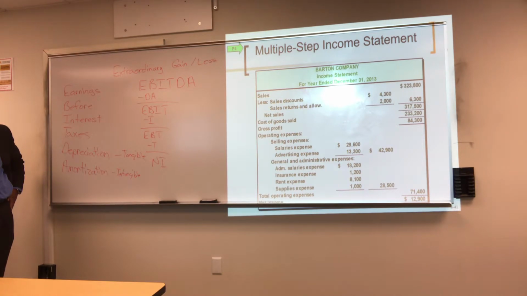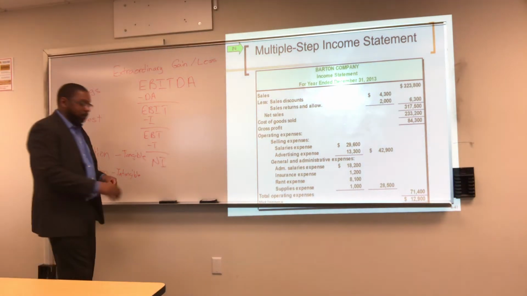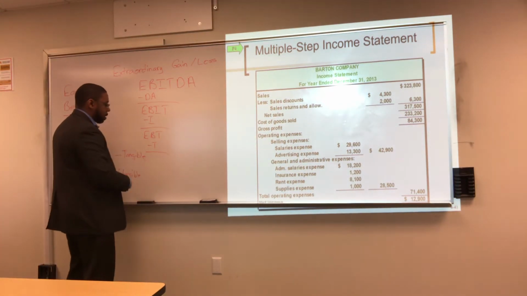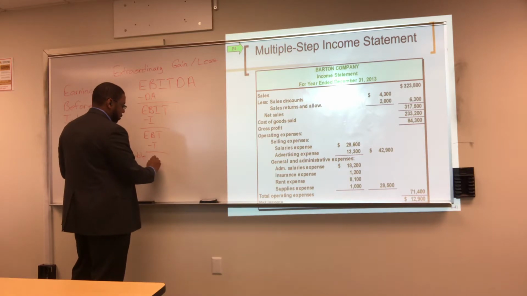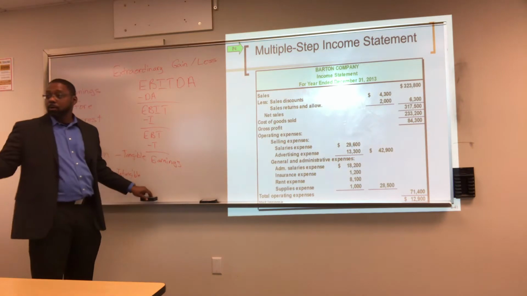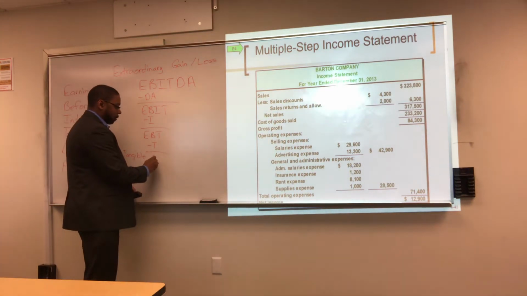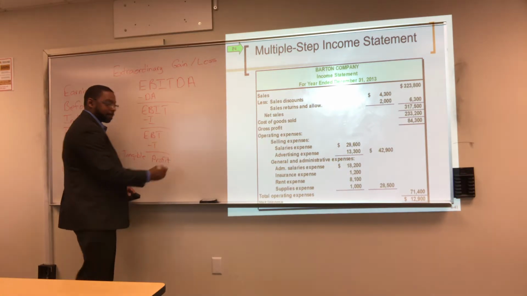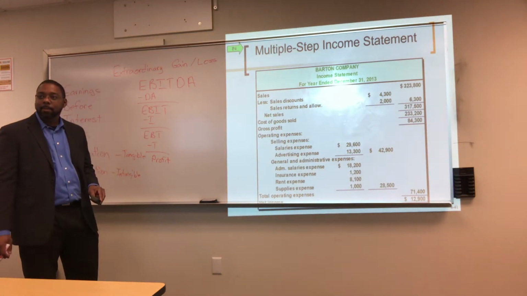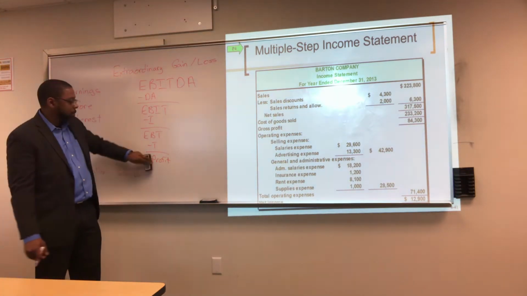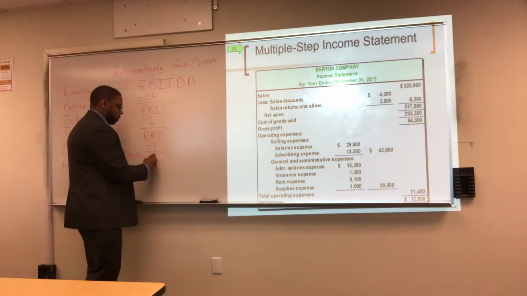Then it changes the name. I don't know if it's the same thing. Don't question it. If this was a finance class, I'd say this becomes earnings. And if I was in a business class, I'd say this is profit. That make sense? Well, we're in accounting, so this is net income.